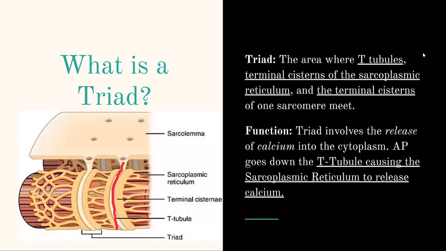The action potential is going to go down there, and in doing so, it's going to activate these ion channels in the sarcoplasmic reticulum, specifically the terminal cisterns right here. And that's going to release calcium.